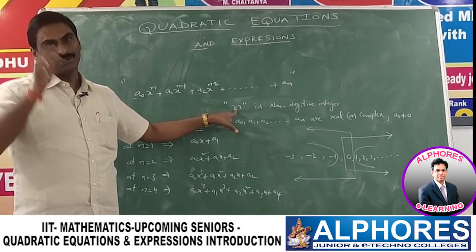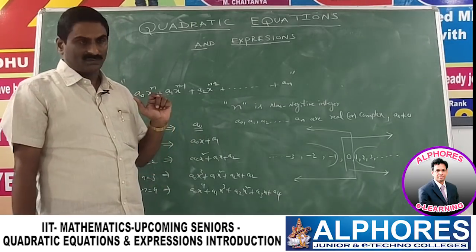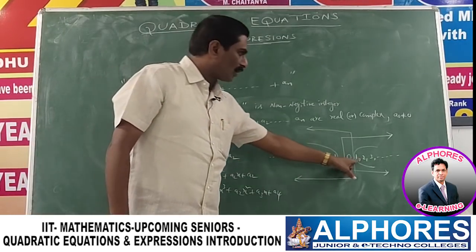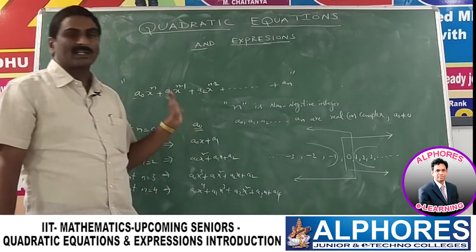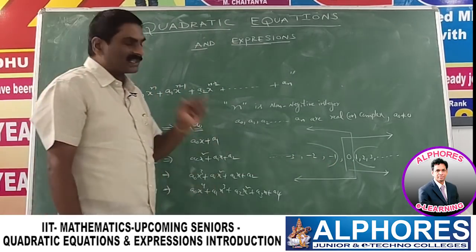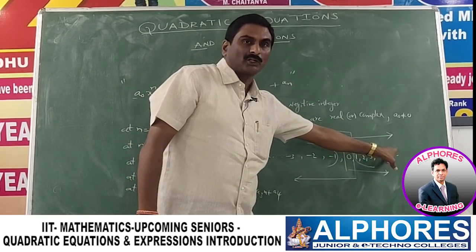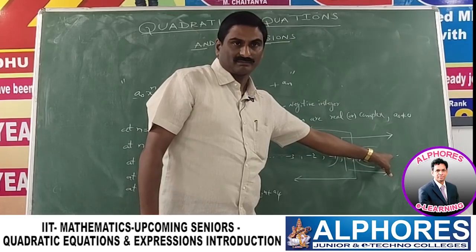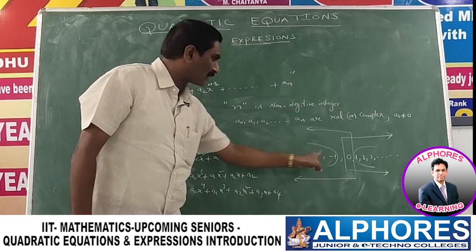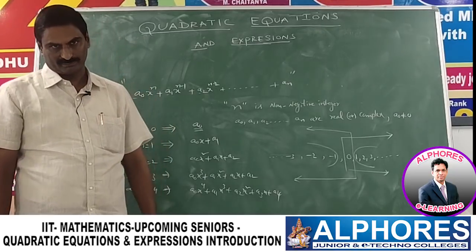What are the non-negative integers? First we know the integers. What are the integers? 0, 1, 2, 3 so on, minus 1, minus 2, minus 3 so on, these are integers. Among these, 1, 2, 3 so on are said to be positive integers, and minus 1, minus 2, minus 3 so on are said to be negative integers.